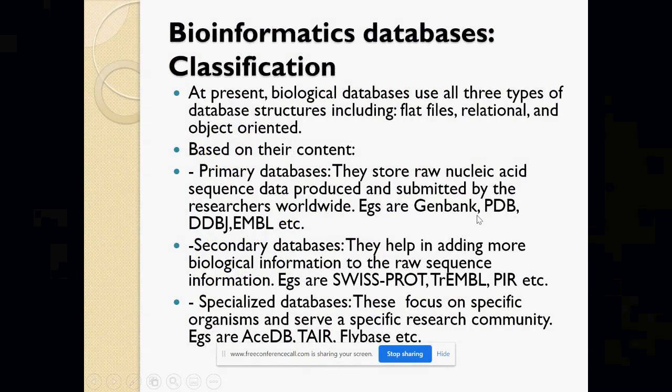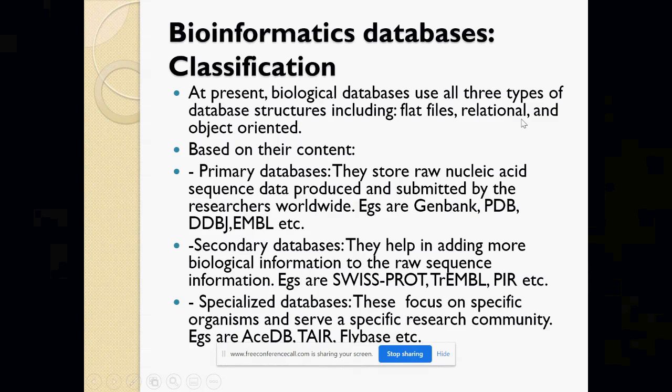At present, biological databases use three types of database structures, including flat files. Flat files means the information is contained within the database with delimiters, and only the raw information is there, simply. One example is GenBank, where sequences are present.